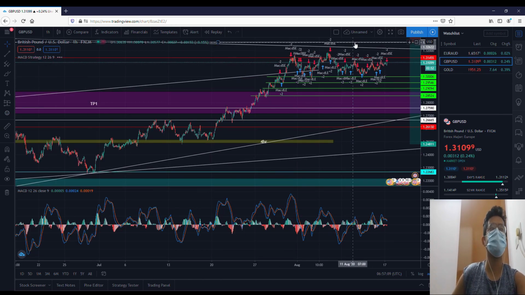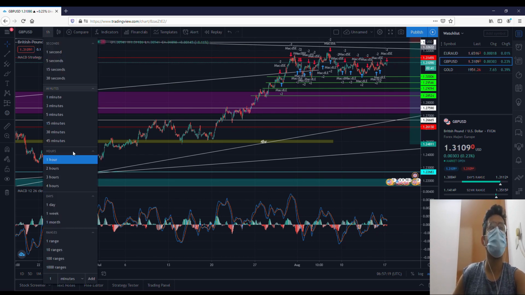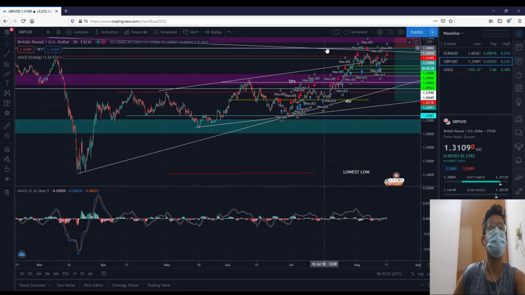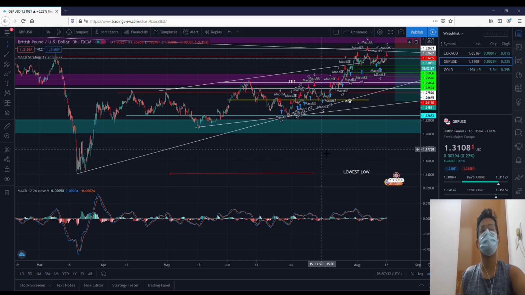I hope it comes to 1.32 500 to 600, this position, right? I hope it comes here so I can be ready to sell it.